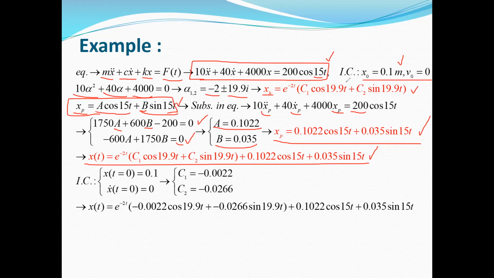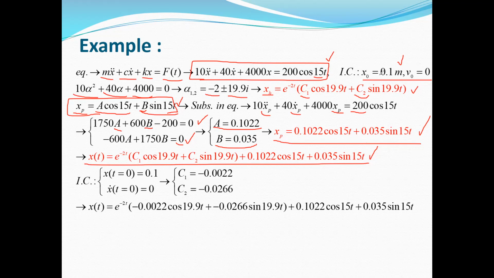So to obtain the constant coefficients in the homogeneous response, we need to find xt, the total response, and apply the initial condition to this xt. Now we have xt. To obtain C1 and C2, we can use these two initial conditions.